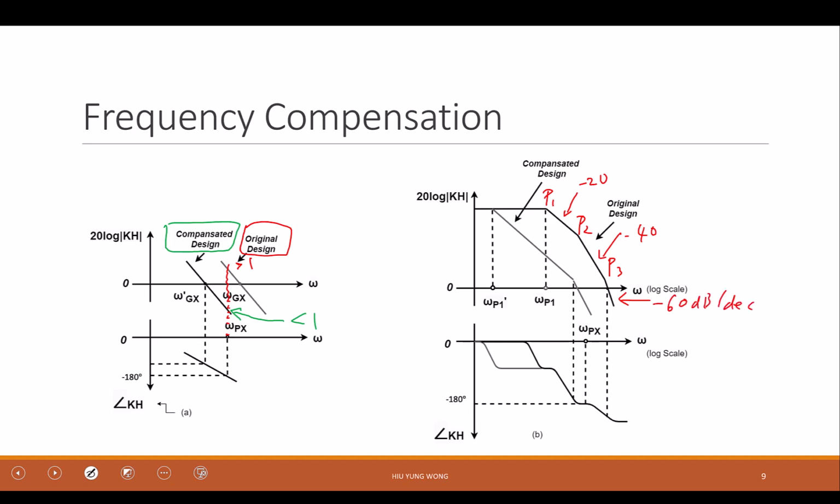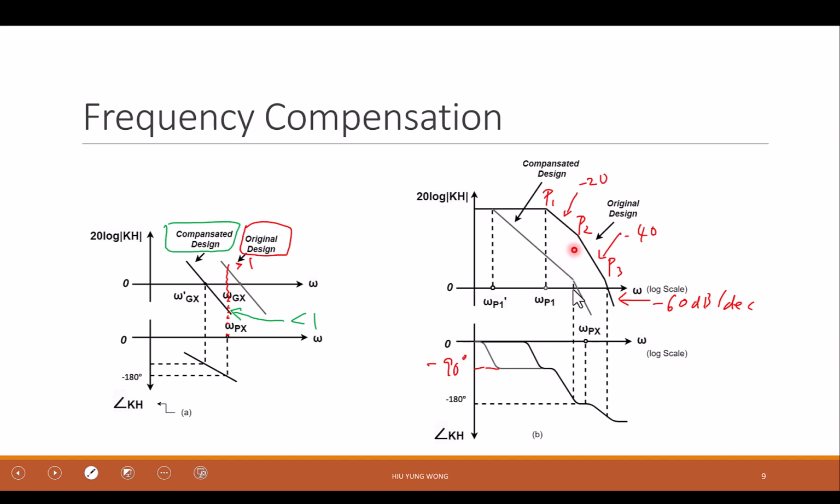Now then I look at the shift of the phase. Nothing happened until I reach 1/10 of P1, it starts going down. And then after P1, it is at what angle? What is this angle? Say again. Negative 90, right? First pole.